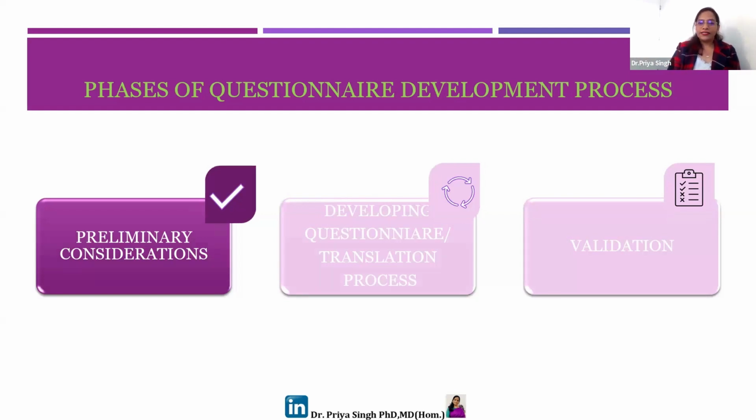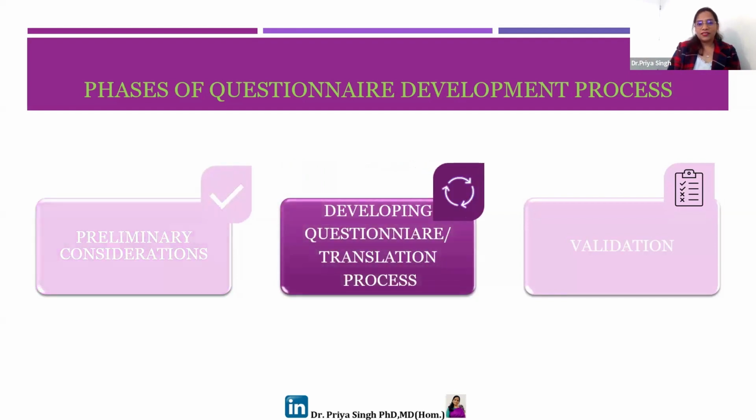And you have gone through the literature review, but there are chances that you may find a suitable questionnaire that is in a different language. So now you will have to get it translated. It is important to note here that translation is not a one-step process. It involves both forward translation and backward translation.